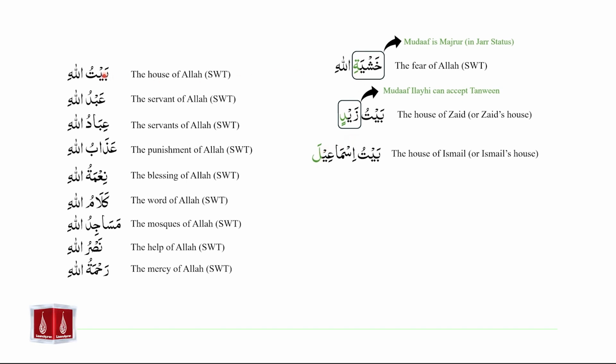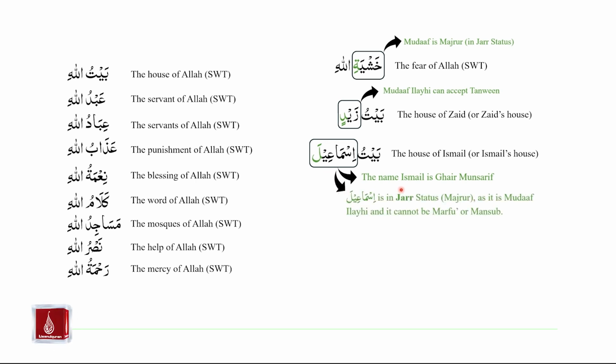Unlike all the previous examples where we have Allahi, Zaidin, in the case of Ismaila, we have a zabar. We are not saying Ismaili. The reason for this is that the name Ismail is ghair munsarif. We previously studied that a ghair munsarif ism will not accept tanween and it will not accept zair in the jar status.